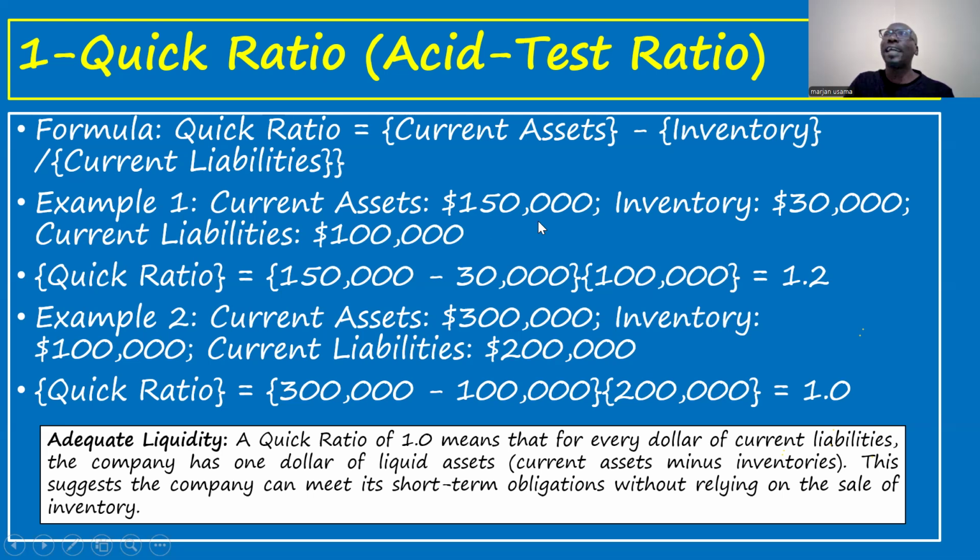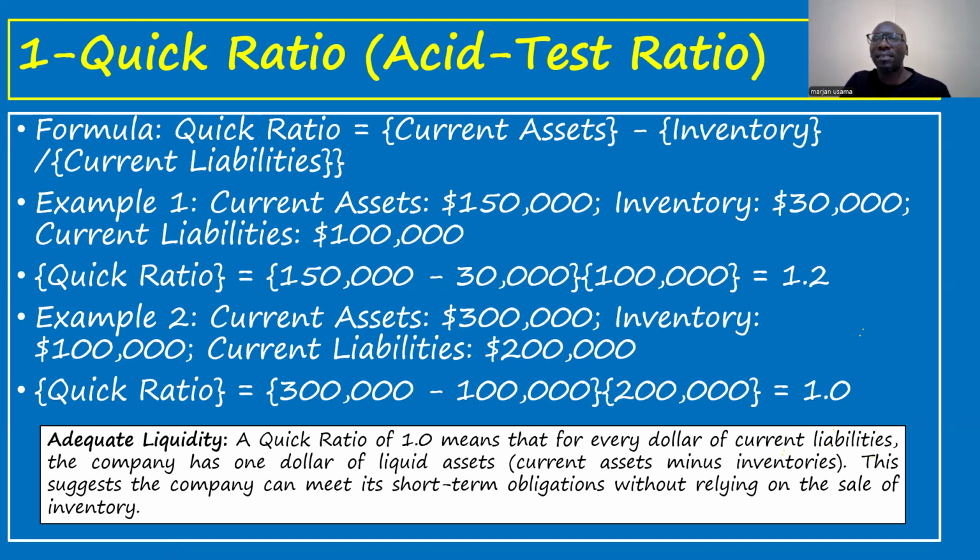So they ask you to calculate the quick ratio. You just apply the formula. The formula says quick ratio is the current assets, which is 150,000, minus the inventory. You've been given the inventory, which is 30,000. Then you divide by what? Current liabilities. Our current liabilities is 100,000.